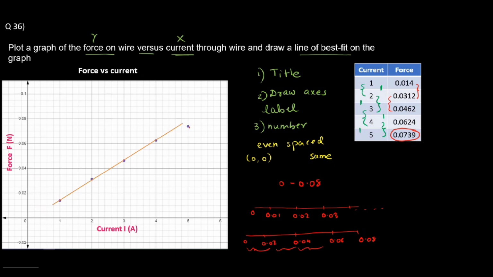It's okay to ignore this point as long as my line of best fit is passing closer to the maximum of the points. So this is the correct way of plotting a graph. You must have a title, the axes must be labeled, numbers on the axes must be evenly spaced, and the line of best fit.